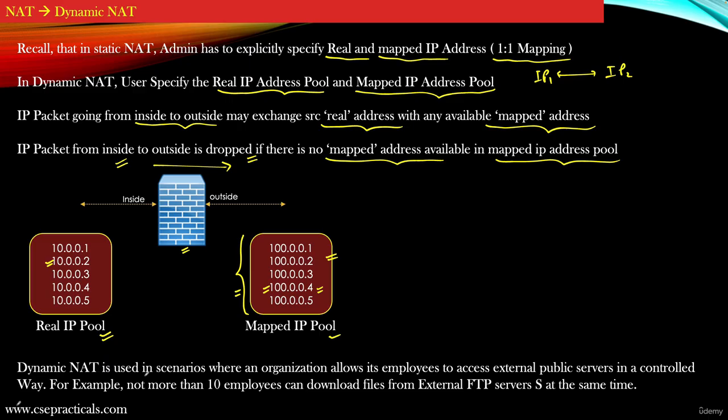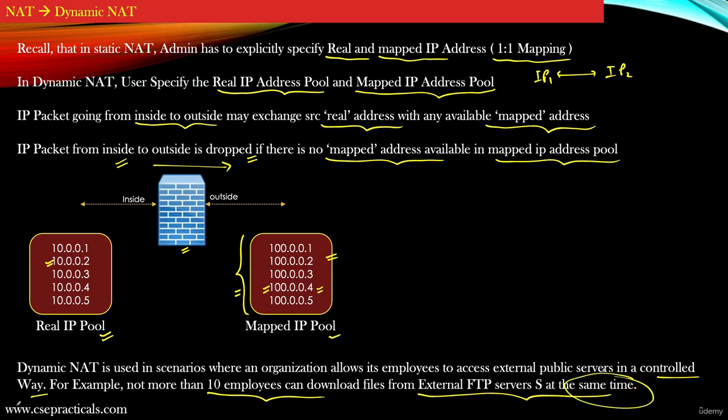So dynamic NAT is used in scenarios where an organization allows its employees to access external public servers in a controlled way. For example, an organization wants that not more than 10 of its employees, who are working in its private network, can download files from an external public FTP server at the same time.